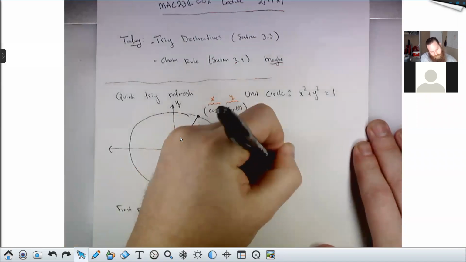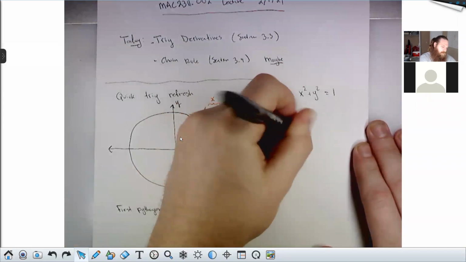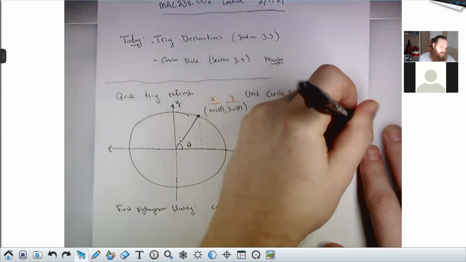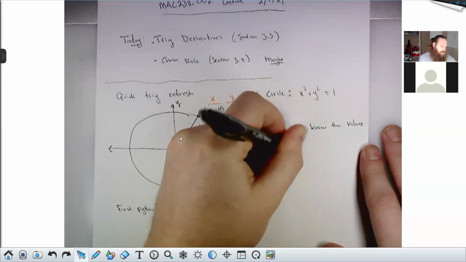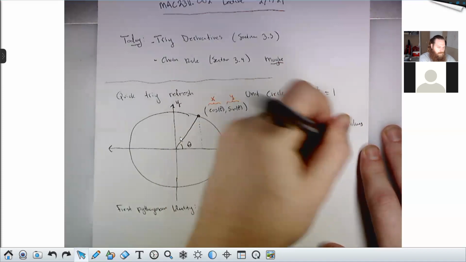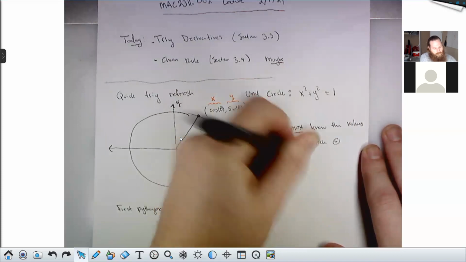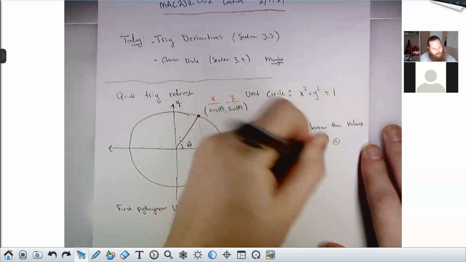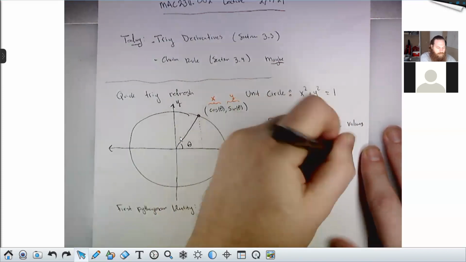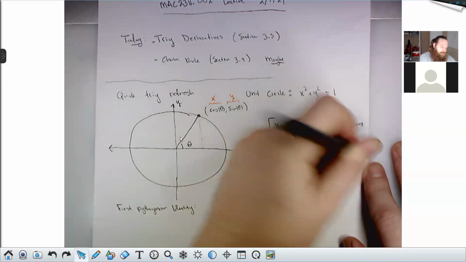So let's say here, you must know the values along the unit circle at theta equals 0, pi over 6, pi over 4, pi over 3, pi over 2, 2 pi over 3, 3 pi over 4, and so on, right?